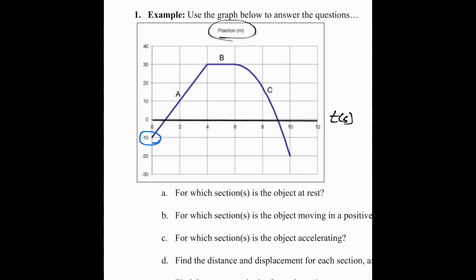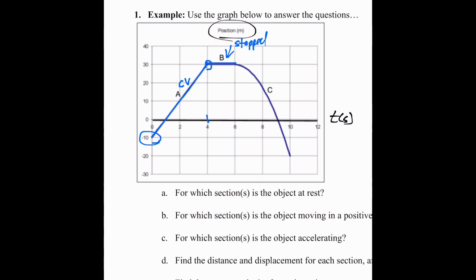And you can see it takes 4 seconds, and we're going at a constant speed, so this would be constant velocity because it's a straight line, to a position of 30. Then you can see right here, when you encounter no change in position for 2 seconds, you've stopped. So we've stopped. No change in position.